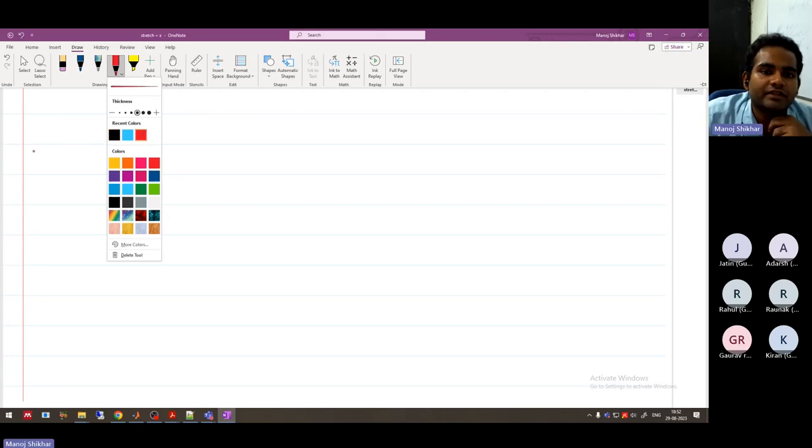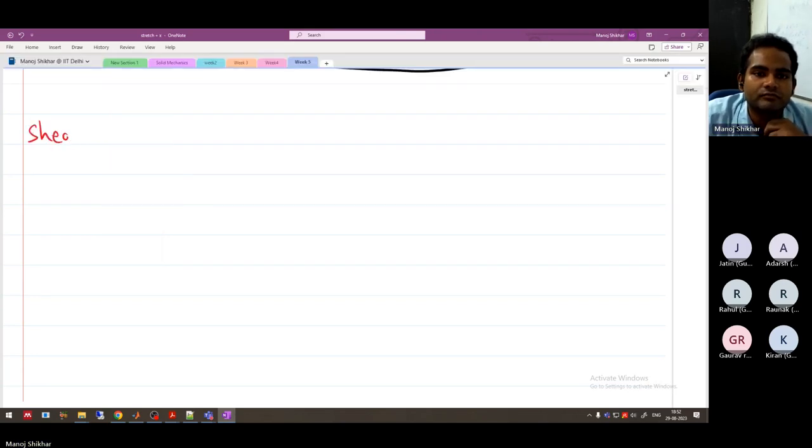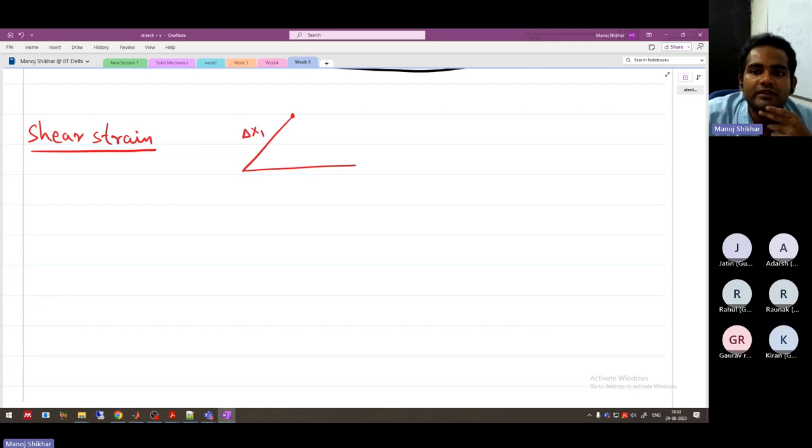Now the other kind of strain is shear strain. It is the measure of change in angle between two line elements. So we have some line elements, let's say delta x1 and delta x2. So the change in this angle between them is what shear strain is.